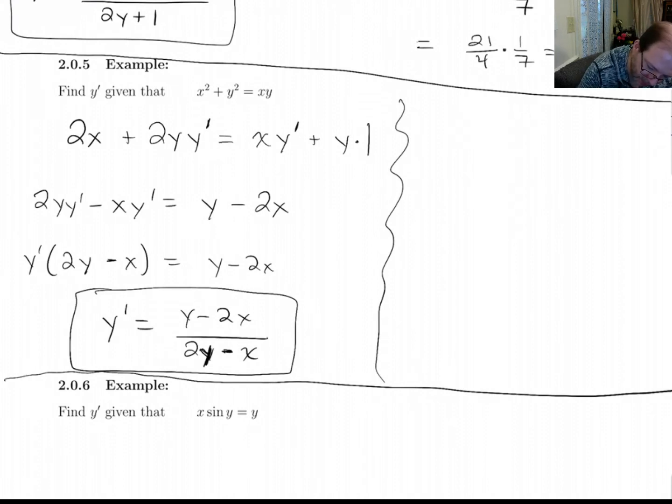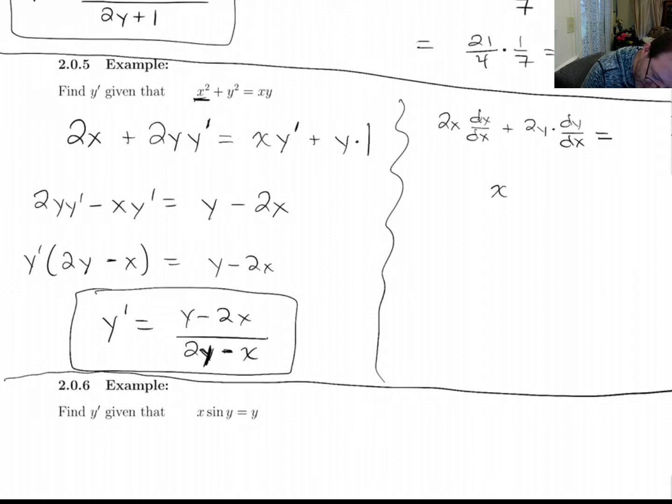So let's do this again, at least the first step. The derivative of x squared is going to be 2x times the derivative of x with respect to itself. Derivative of y squared is going to be 2y times the derivative of y with respect to x. And then on the other side, we get equals. Running out of space, I'm going to do it below here.